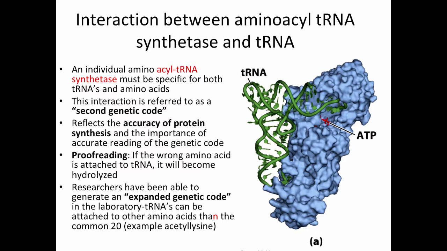And part of this accuracy involves making sure that the right tRNA is being attached to the right amino acid. And so there's a lot of proofreading that's involved in this enzyme. So if the wrong tRNA does end up being attached, it will immediately become hydrolyzed.